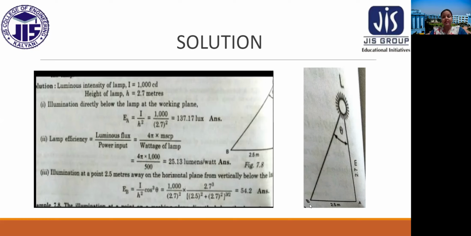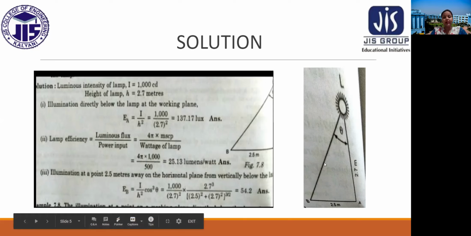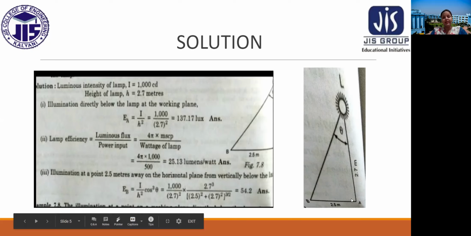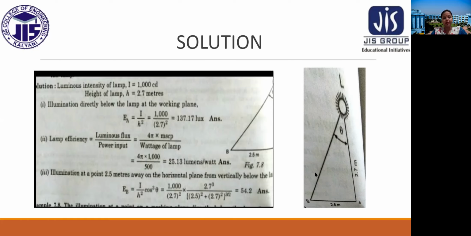Now the distance from lamp to the point is this one, and this is a right angle. So from a right angle triangle, find the hypotenuse. The hypotenuse will be root over of 2.7 square plus 2.5 square, and the value of cos theta will be 2.7 divided by this hypotenuse.